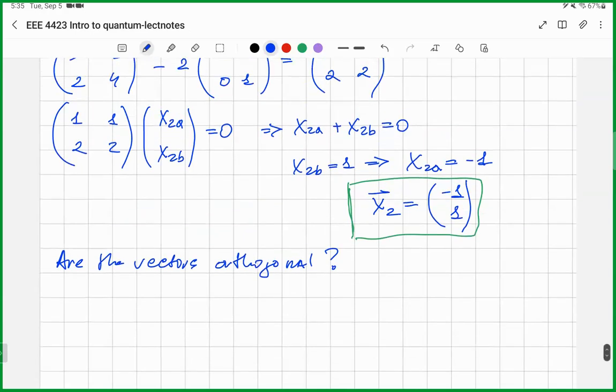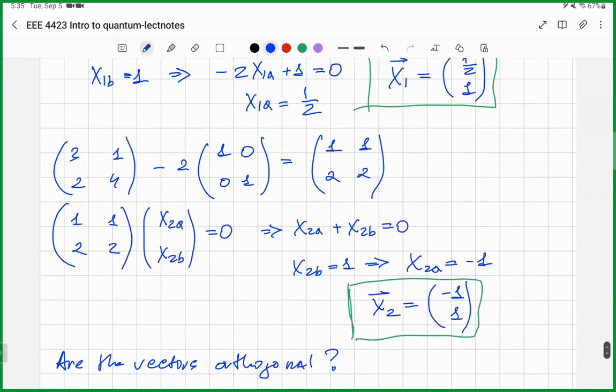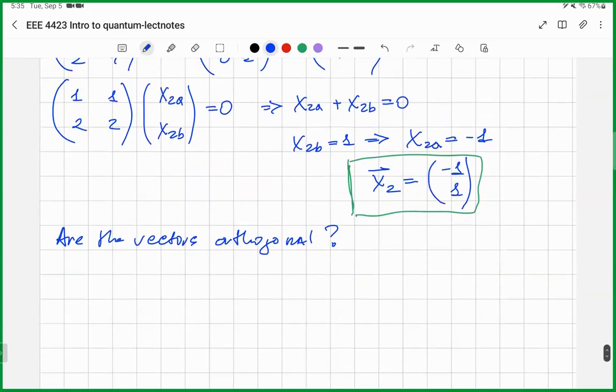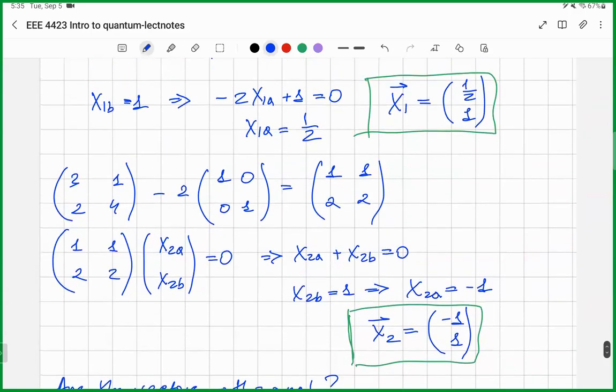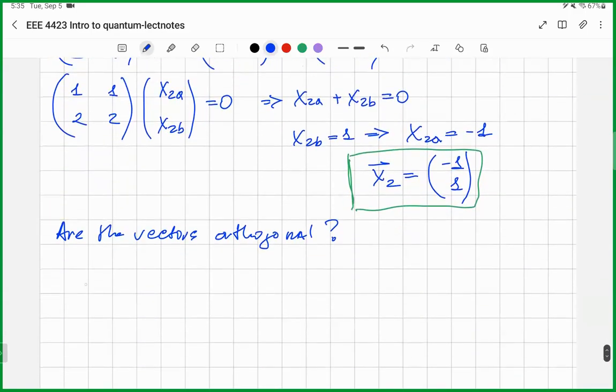Are they orthogonal? To do so, we need to take the inner product, right? So the first one was 1/2 and 1. So x1 vector times x2 vector. We write the first one as the row, 1/2 and 1.